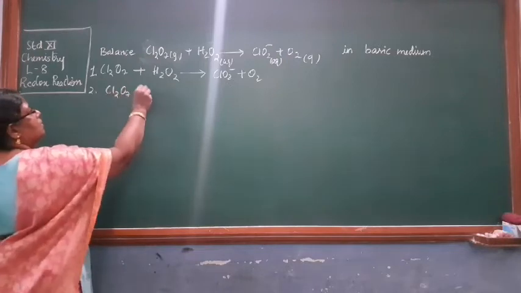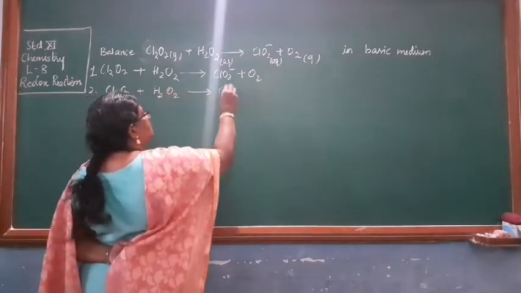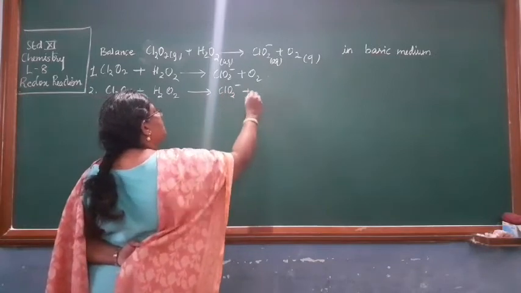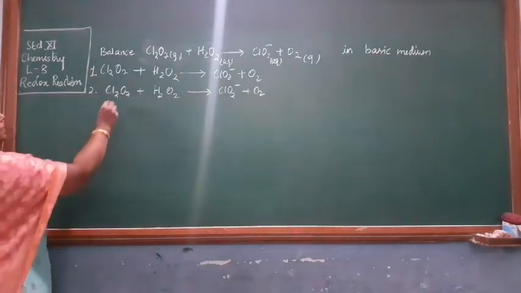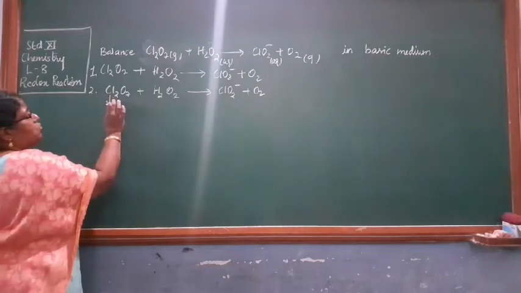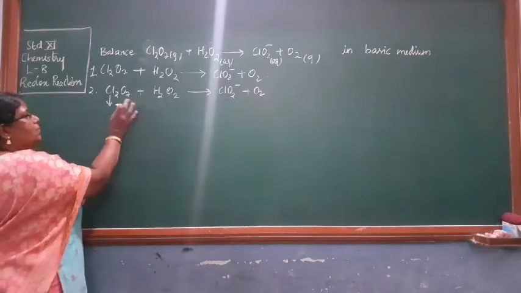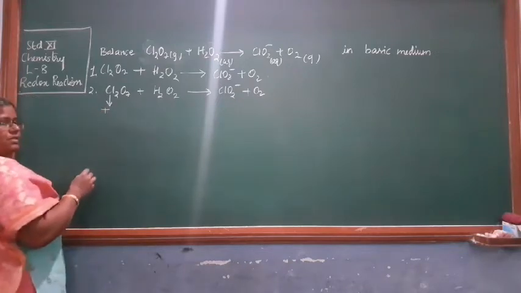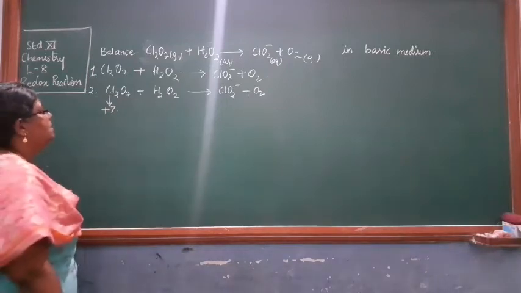Here 2x minus 14 is equal to 0. So x will be equal to 7 only, no? So Cl has a plus 7 oxidation state here.